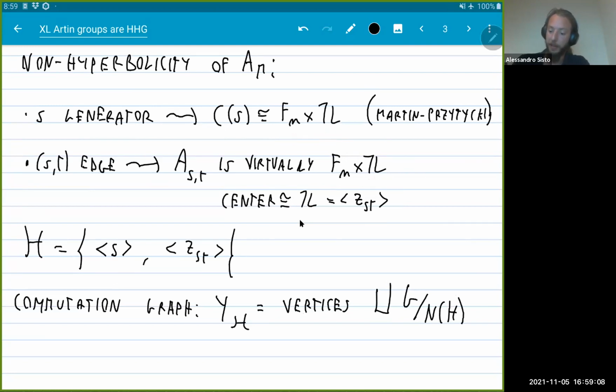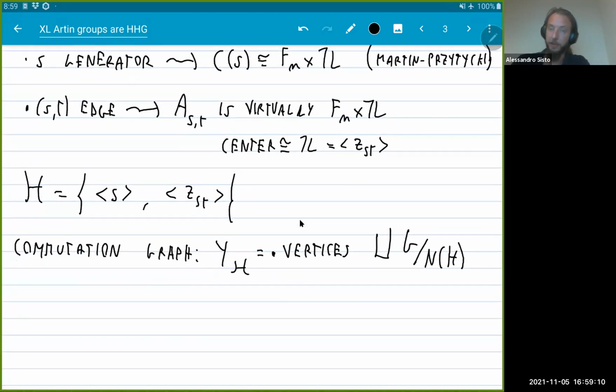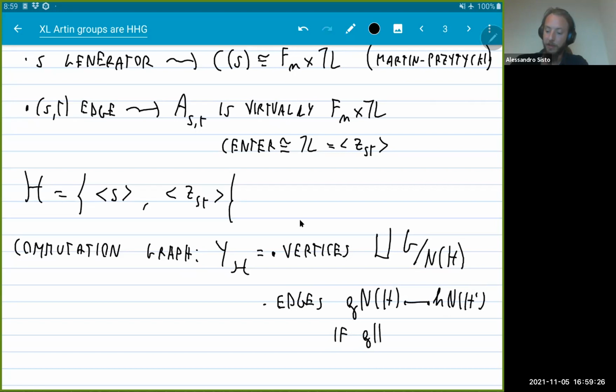Okay. So far very similar to the Bass-Serre tree example. And then edges are defined in terms of commutation, actually. So there's an edge between gH and g'H' if g inverse and H' H inverse commute.